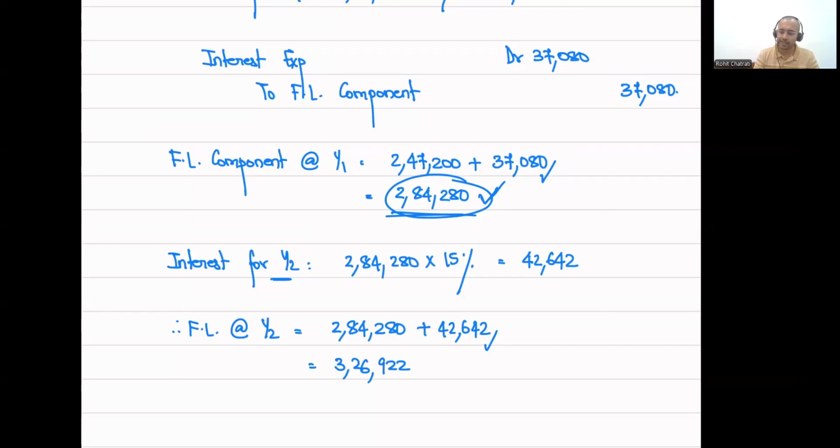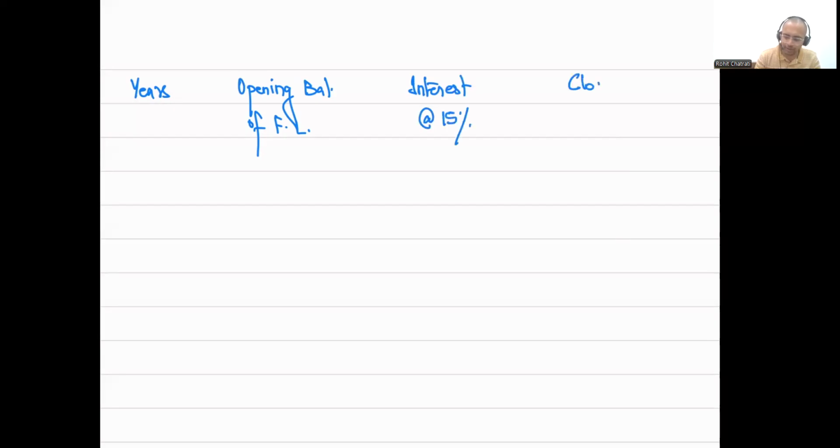If I plot this down in the form of a table, I have years, the opening balance of financial liability, the interest expense at the rate of 15 percent, and then the closing balance of financial liability.